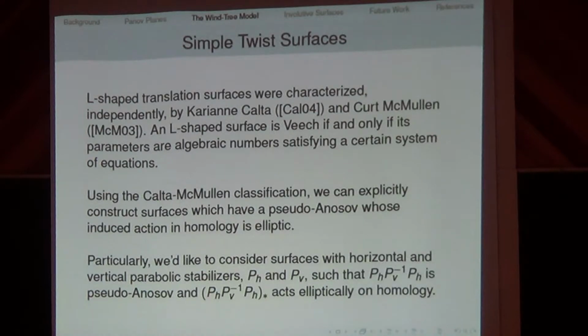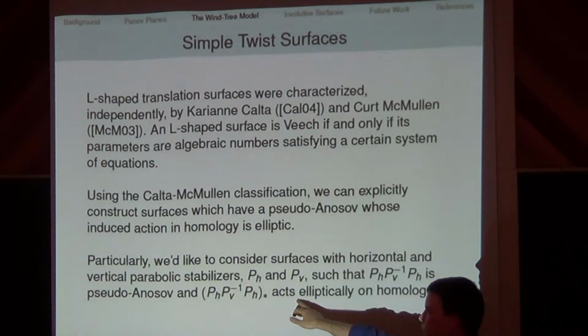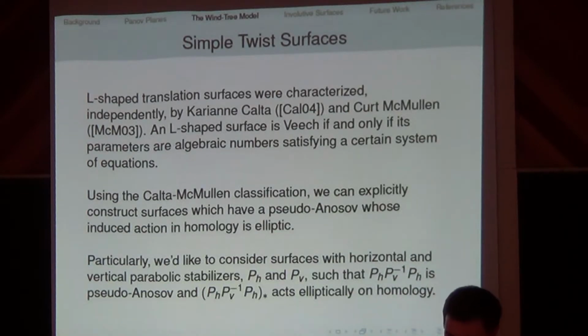In particular, this classification by Kalton-McMullen tells you exactly when those surfaces are going to be each. And so using that classification, we can construct half-translation L's that have this property that you have a pseudo-Anosov that's elliptic in homology by combining the twists in a particular way.